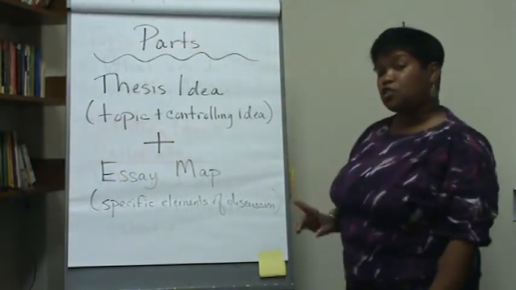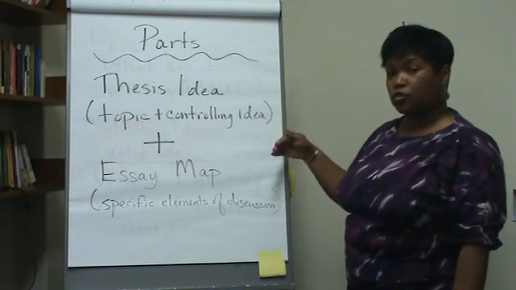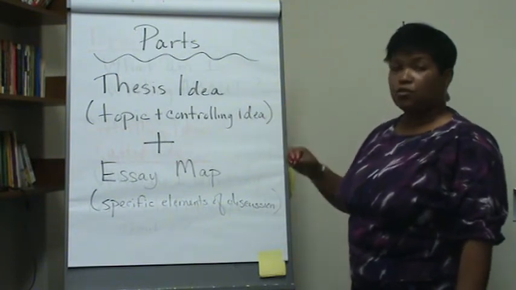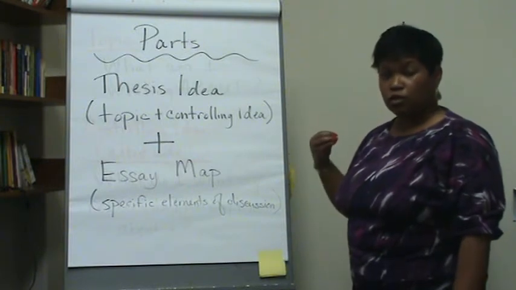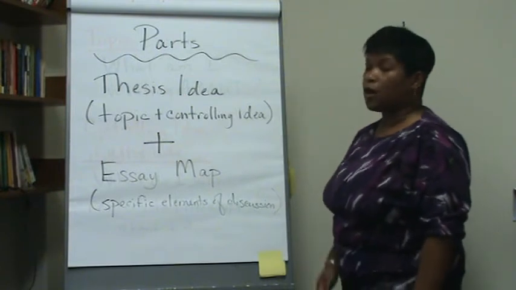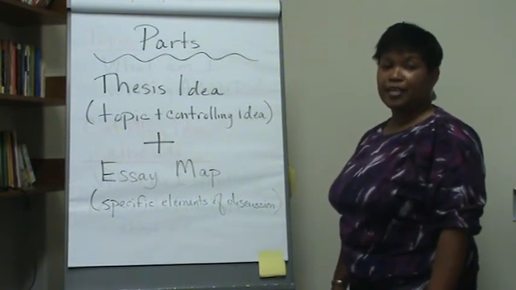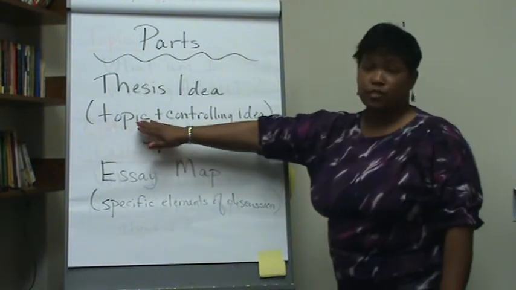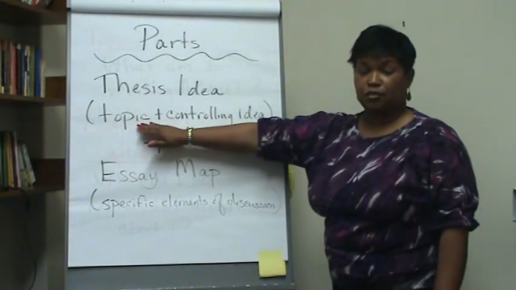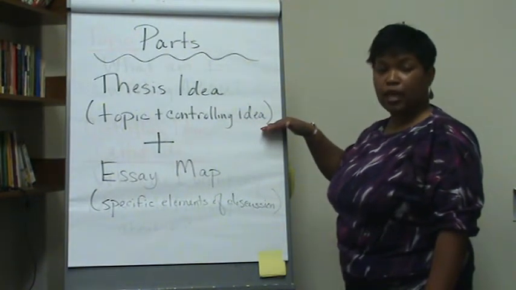So there are just two parts of a very general thesis statement, and I want to explain them and how they work so that you can understand how to make a well-constructed thesis statement successful in your essay. The first part of a thesis is the actual thesis idea: whatever it is that you're focusing on, your topic in your particular essay, and the controlling idea that you have toward that topic.